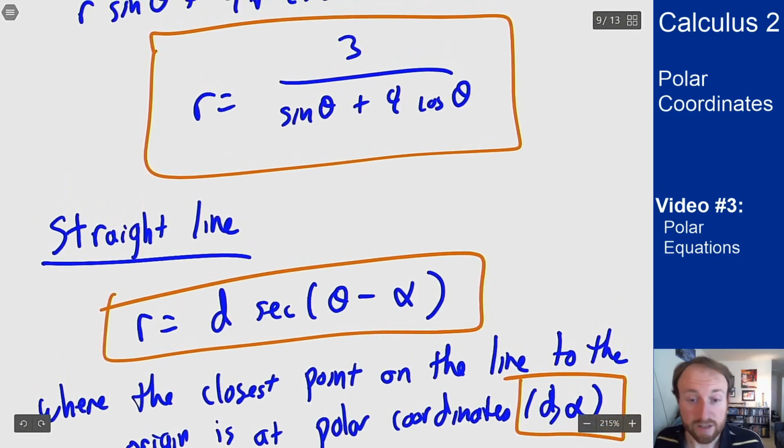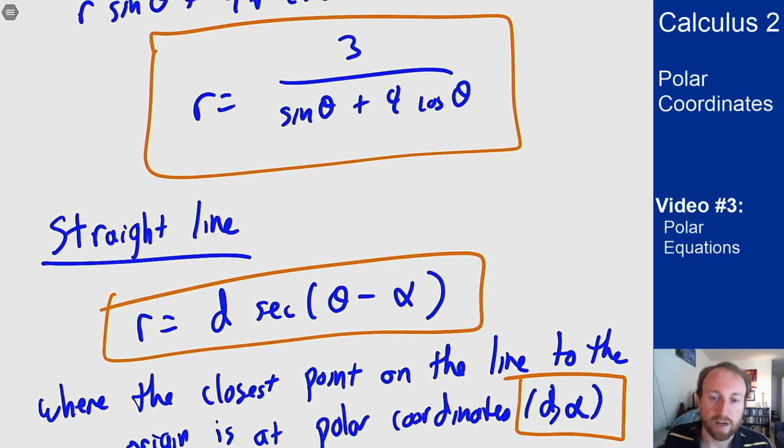You can see that in this form because secant is 1 over cosine. I can use the fact that I have a sine and cosine here on the bottom to convert that into a cosine of a difference with a single argument in it, and then if I convert things appropriately, I'll see it fall out into this form.